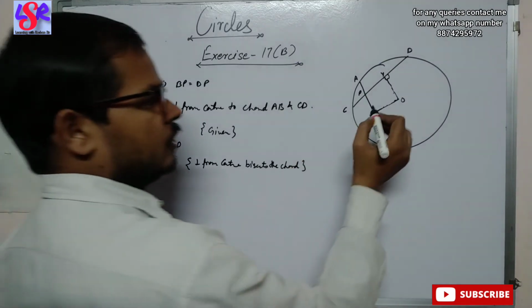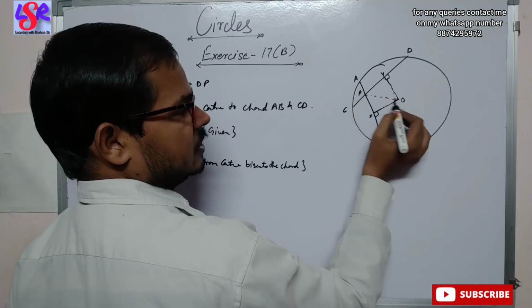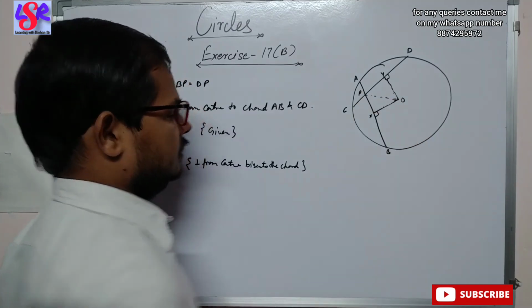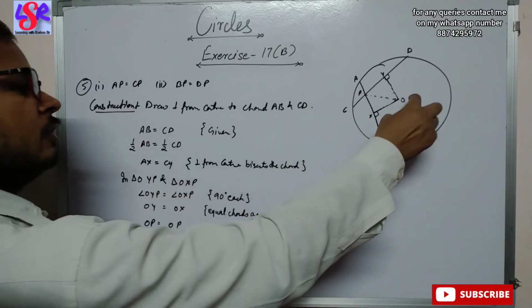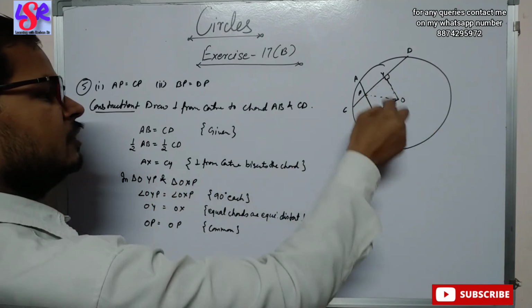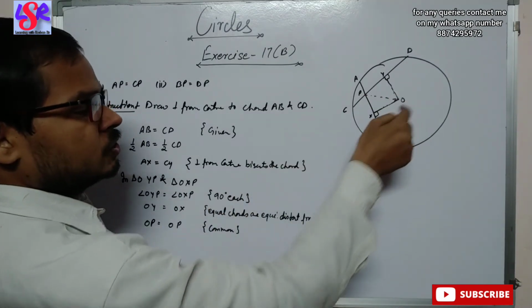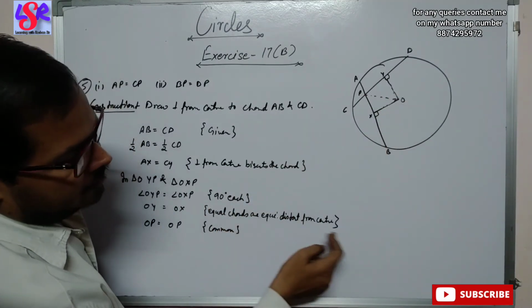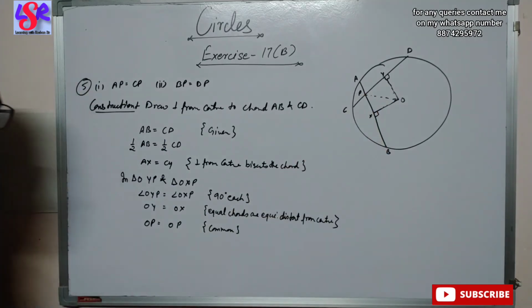Now we are going to prove that triangle OYP is congruent to triangle OXP. So in triangle OYP and triangle OXP we have angle OYP equals angle OXP as 90 degrees each. Then OY equals OX as equal chords are equidistant from the center. Then we have the line OP common in both triangles.